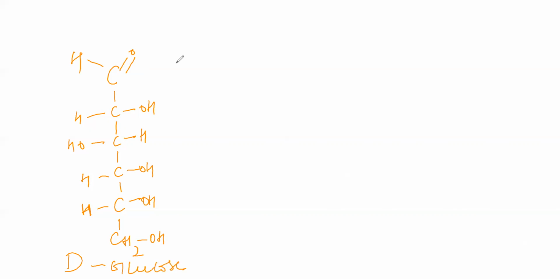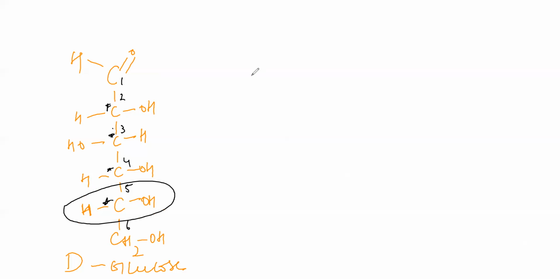The numbering is: 1, 2, 3 carbon, 4 carbon, 5 carbon, 6 carbon. And here this is an asymmetric carbon, asymmetric carbon, asymmetric carbon, another asymmetric carbon, and this is the D.